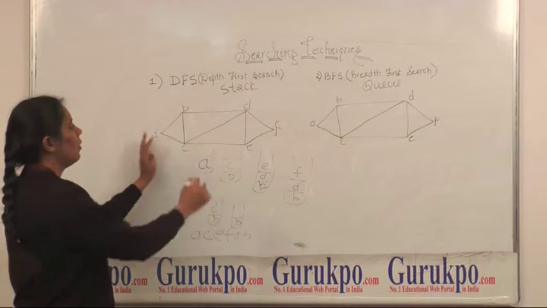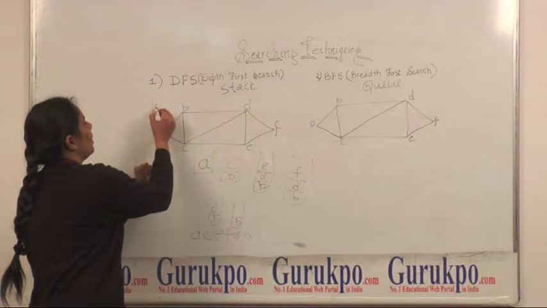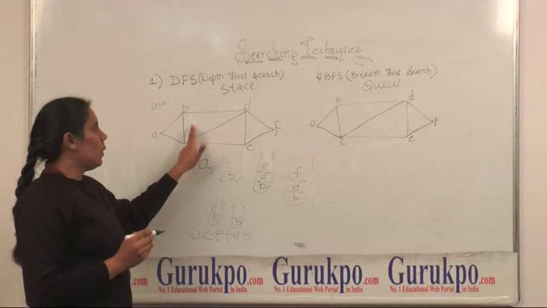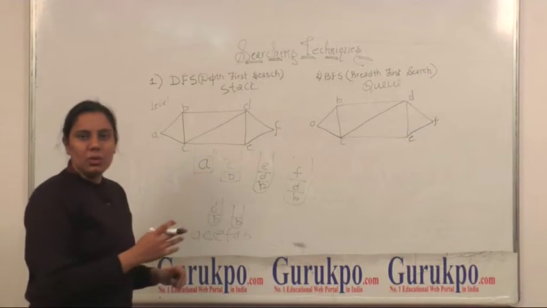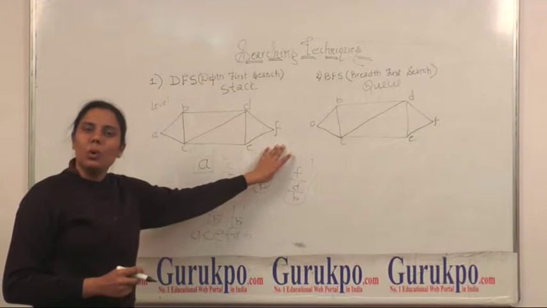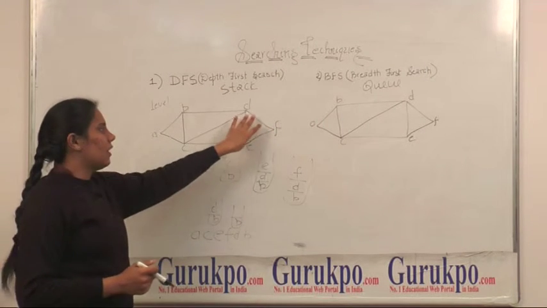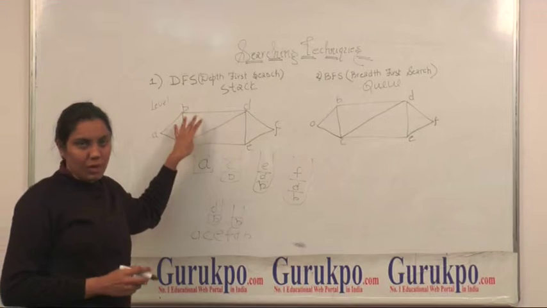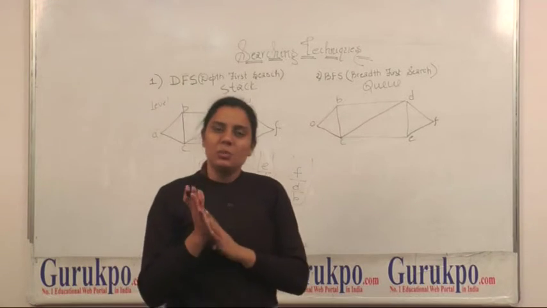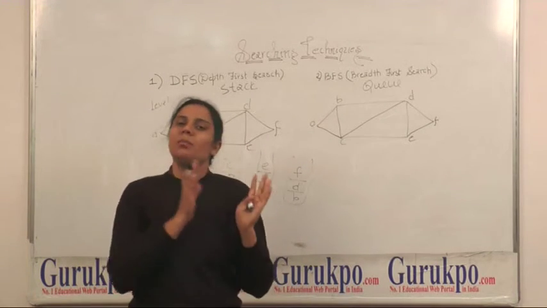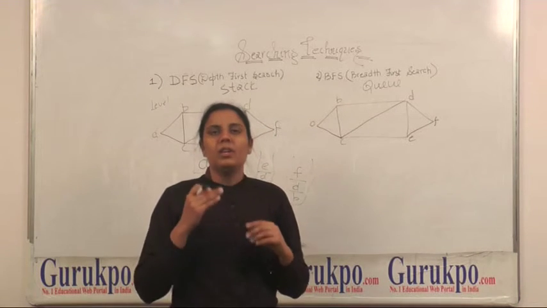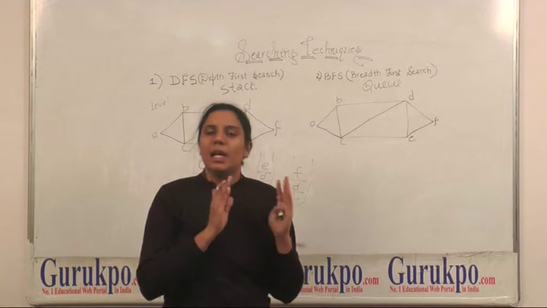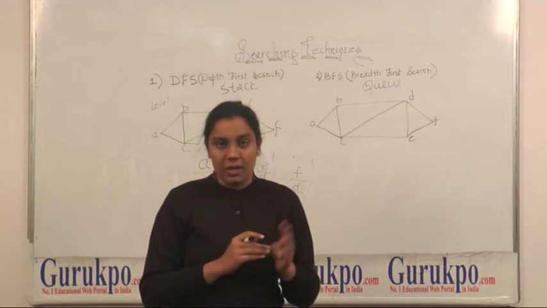That is from level 0, then 1, then 2 and then 3, we have explored all the nodes, and after that we will explore the rest of the nodes we haven't explored. Basically, the difference between depth first search and breadth first search is that in depth first search, we move to each level in an incremental way.